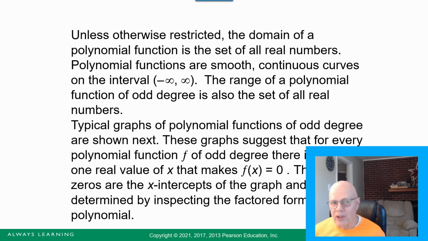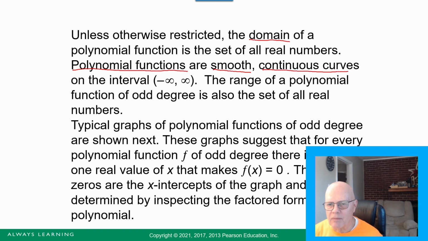Now here's some really good news. We've talked about domains before. That's the possible x's you can use for a function. What is the good news? Well, polynomial functions, that's where you have exponents of the x that are integers, positive integers, 0. The good thing is that they're going to be smooth, no jagged edges. They're going to be continuous.